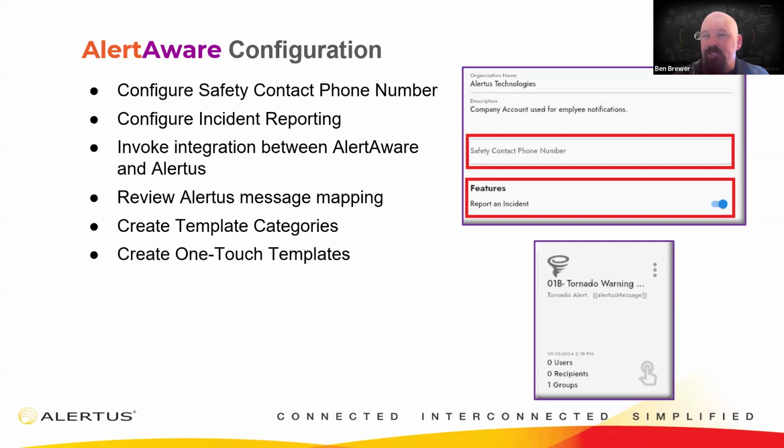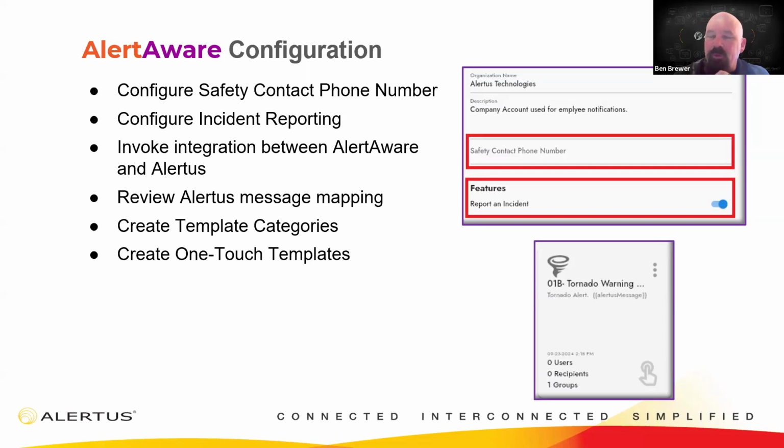But whatever that is, you can enter that in there and it will automatically enable within the mobile app. But you'll also, at least as the account owner, and we will need to make sure that when we're working this aspect of it, that we are working with the AlertAware owner, you'll have the ability to enable or disable the incident reporting feature at your discretion.